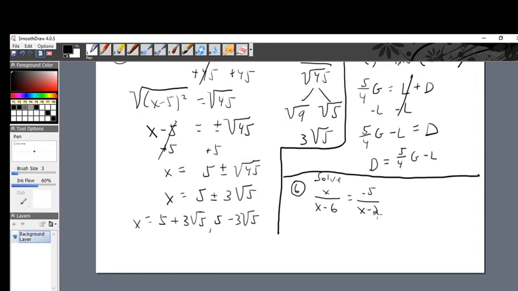Here's what we need to do. Let us cross multiply. The numerator times the denominator, and the denominator times the numerator. So X times X minus 12 is X times X is X squared. And X times negative 12 is negative 12X.